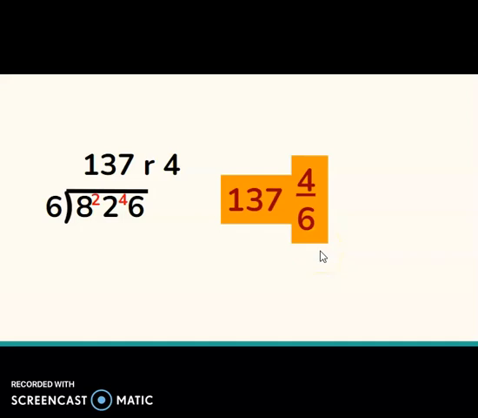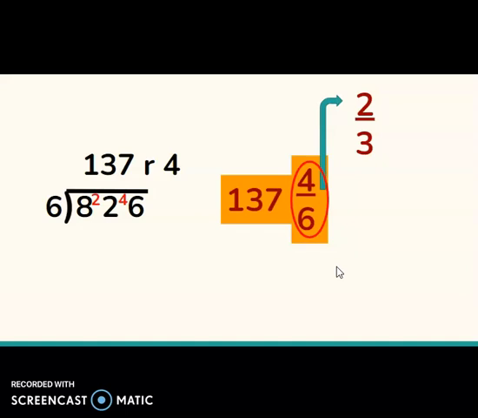Now before we convert it to decimal, we need to see if we can simplify it or make it equivalent to 10 or 100, or we need to divide to get the answer. So here 4 upon 6 can be simplified as well. 4 upon 6 simplified can be written as 2 upon 3.